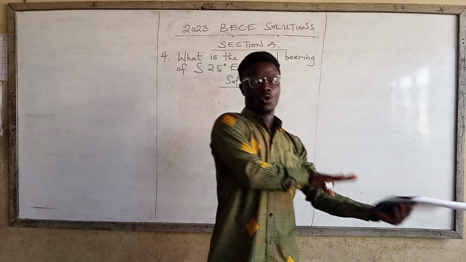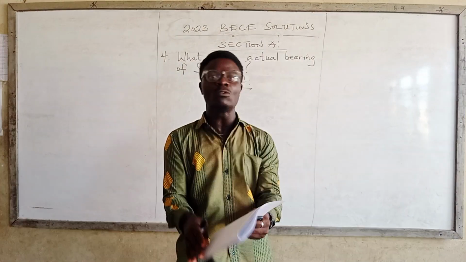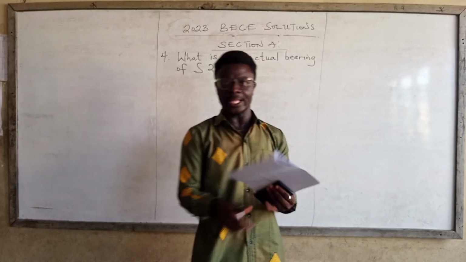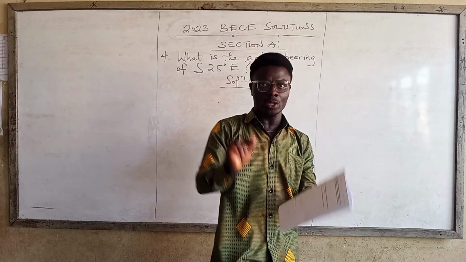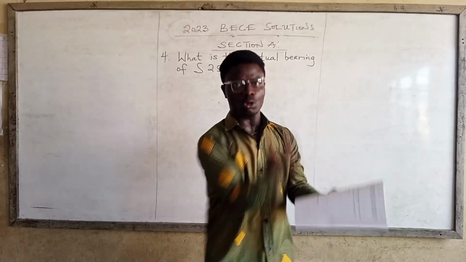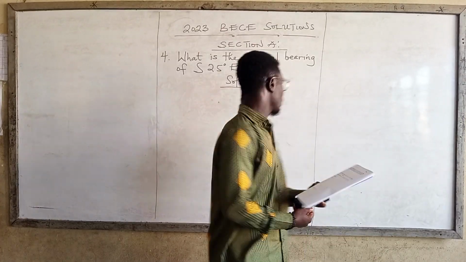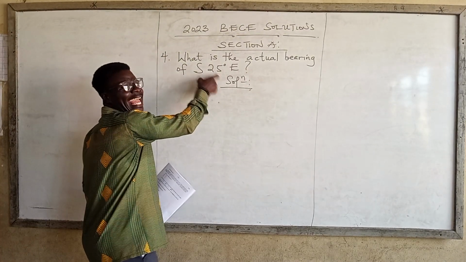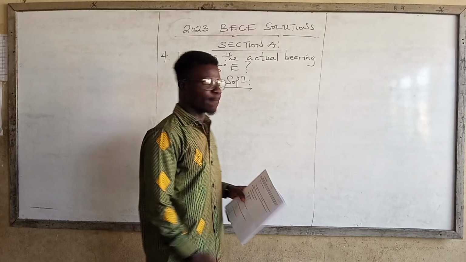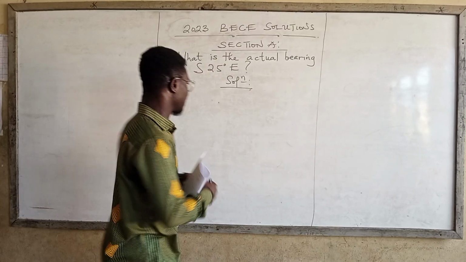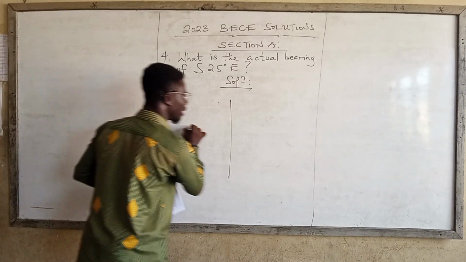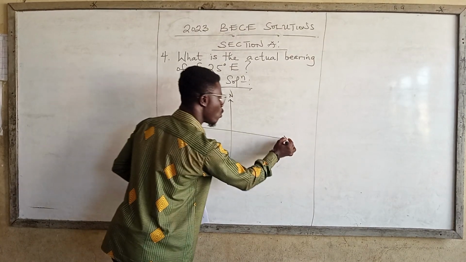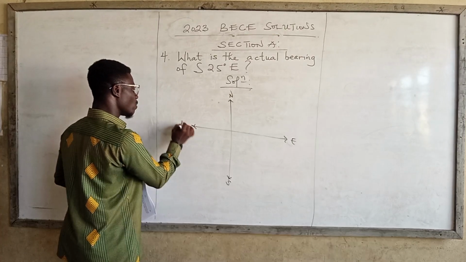They've given you the compass bearing, they want it in three figures. Don't forget that with the three-figure bearing, we start from the north pole, then we measure through the clockwise direction. First of all, how can you represent S25 degrees E on a diagram? You have to draw your cardinal points: north pole, south pole, east, then west.